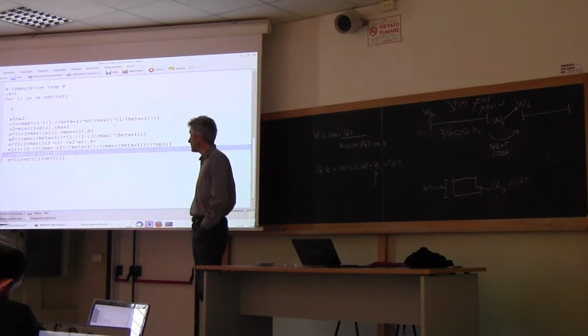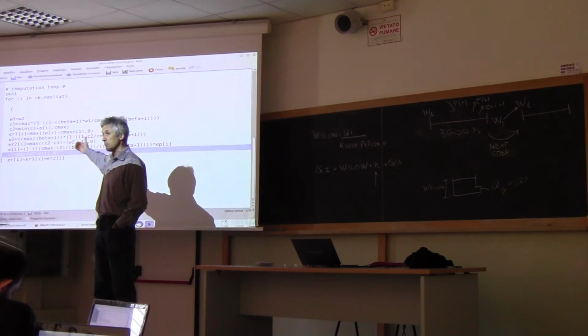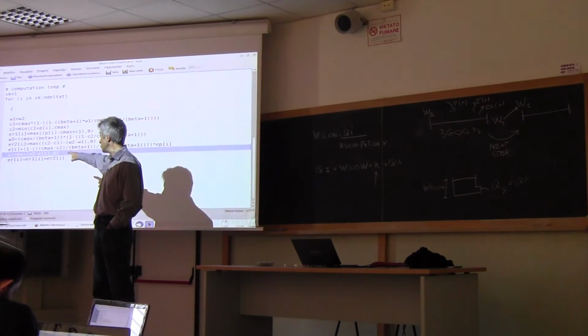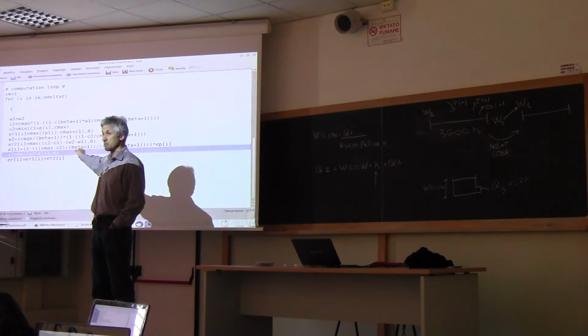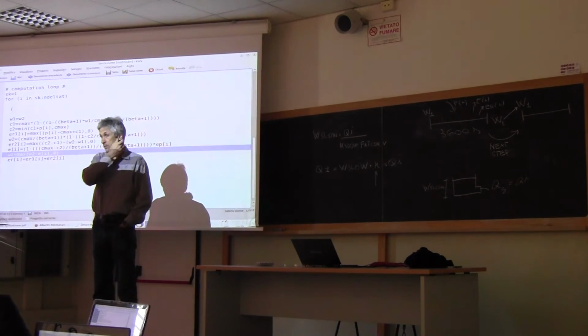So basically what I do is to define a new W value by overwriting the previous one, and the new value is obtained by subtracting from the previous W2 value the effective evapotranspiration.